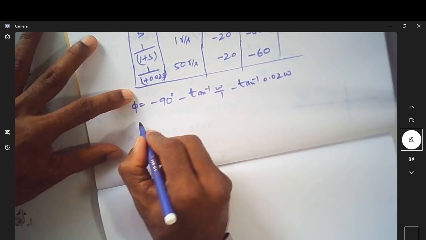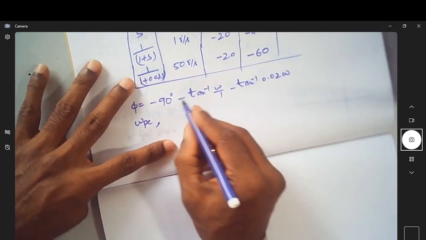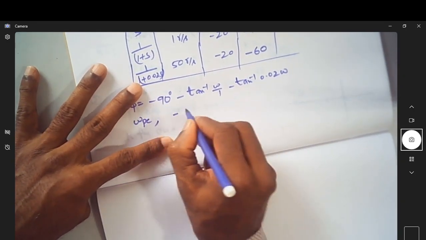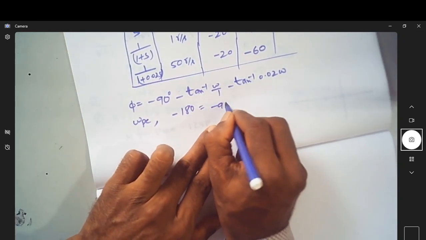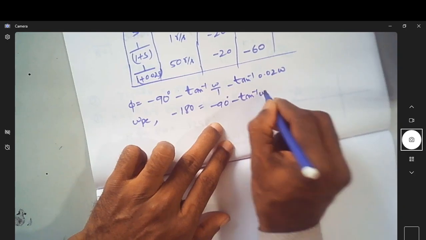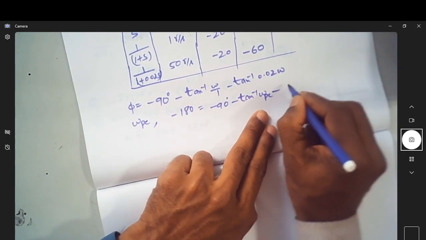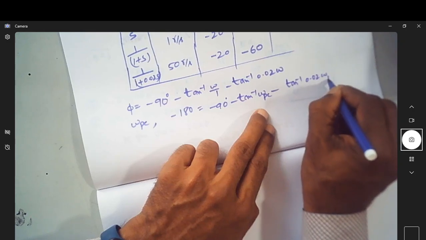From this we can find out what is omega PC, which can be obtained by equating: minus 180 is equal to minus 90 minus tan inverse of omega PC minus tan inverse of 0.02 omega PC.